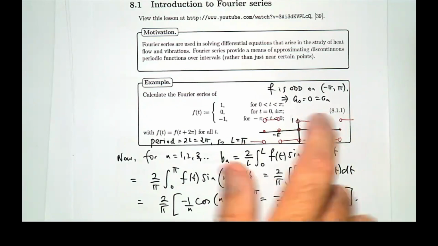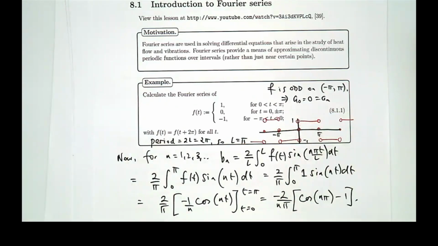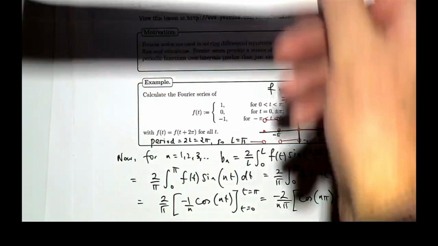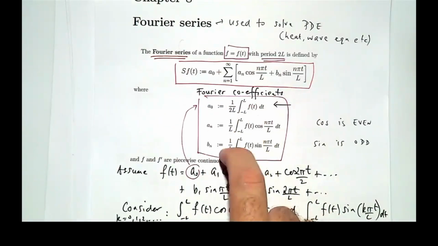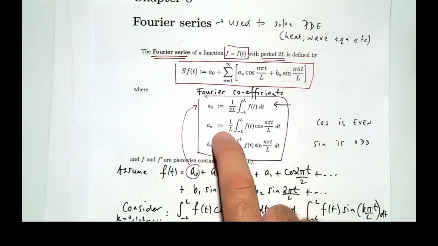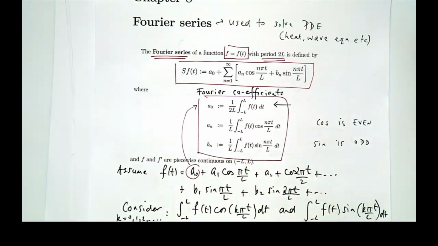This is also an odd function between negative pi and positive pi. Okay? That means that all of these Fourier coefficients get massively simplified because areas cancel out, right?